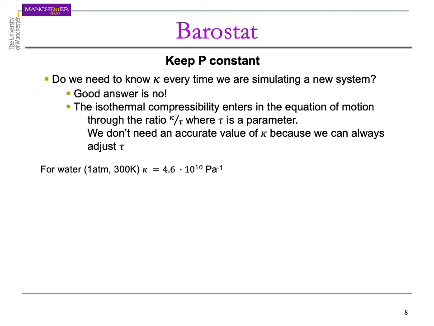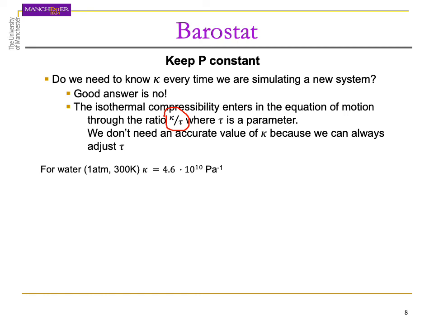In the equations of motion that we just derived for the Berendsen barostat, we saw that we need to include another parameter to be able to actually solve these equations. That is to say that we need to know the isothermal compressibility of the system. However, the good news is that we don't actually need the exact value of the isothermal compressibility for every system that we are considering, because the isothermal compressibility enters into the equation of motion only as a ratio with the Berendsen coupling parameter tau.